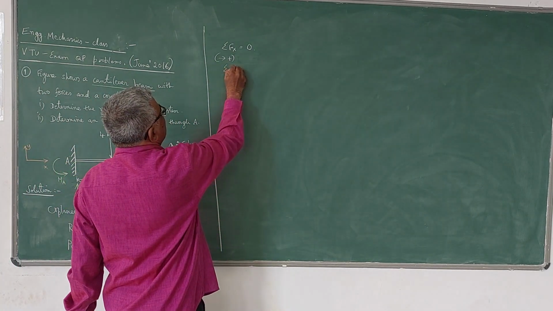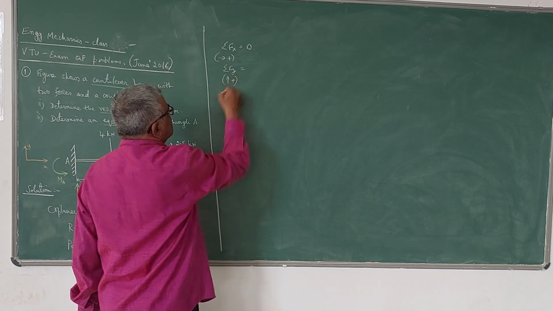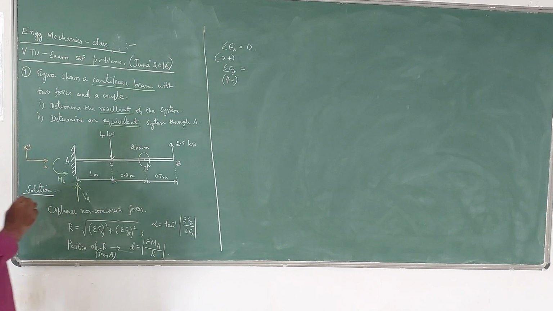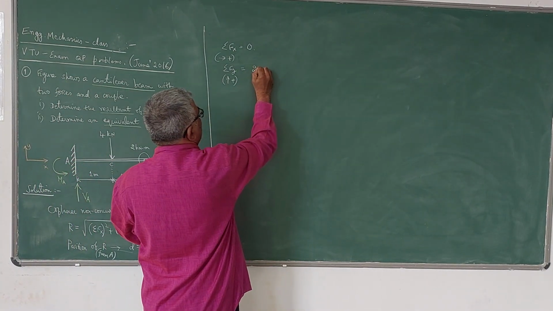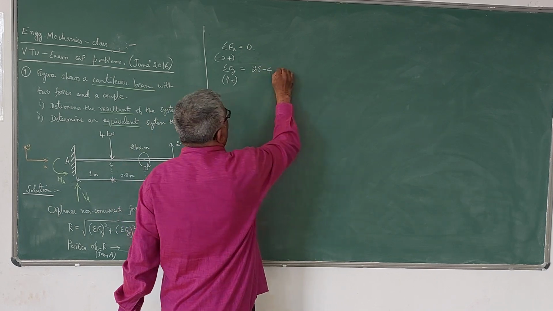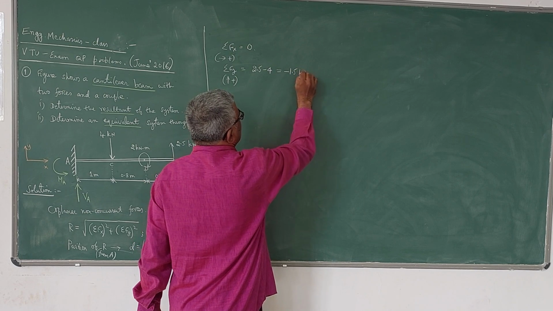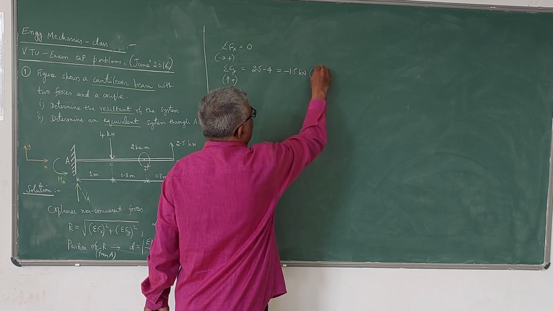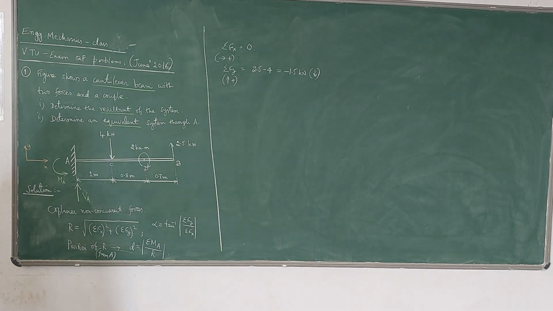Sigma Fy, so I will take forces acting upwards positive, downward negative. So upward force is 2.5 kN, this I will take as positive. Downward force is 4 kN. So we are getting minus 1.5 kN. Minus stands that the sigma Fy is acting downwards.